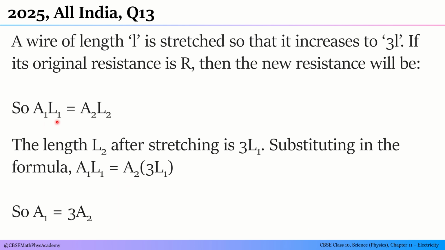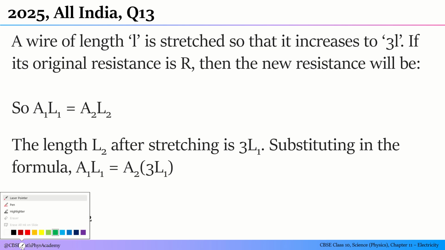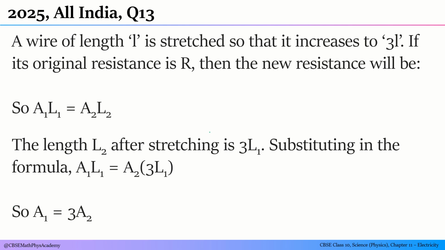So A1 L1 is equal to A2 L2, which is the key concept. After you draw it, the length L2 is 3 times L1, so you substitute this value in place of L2.